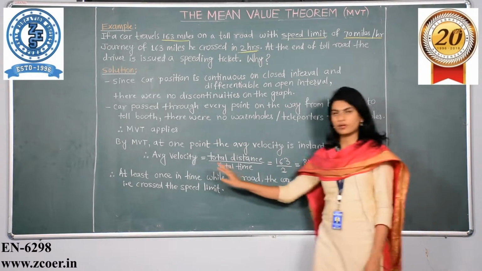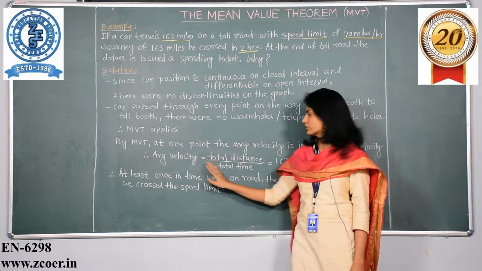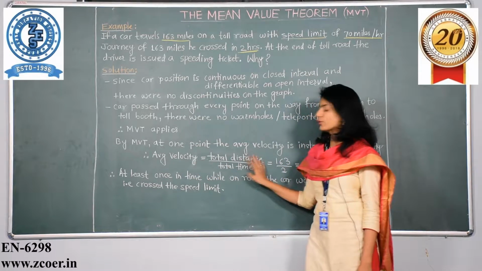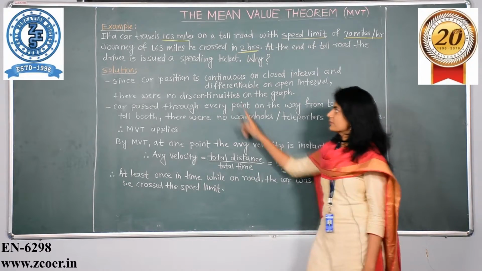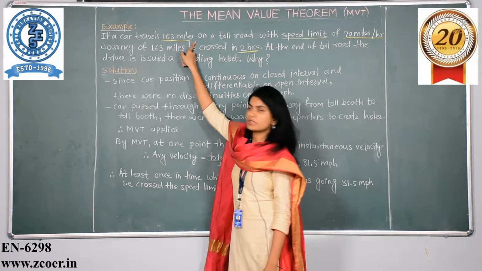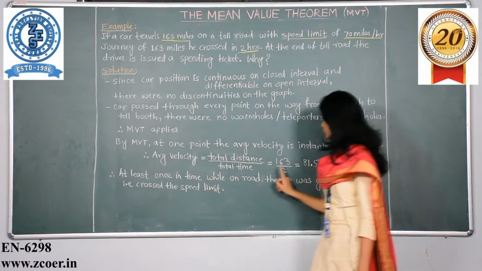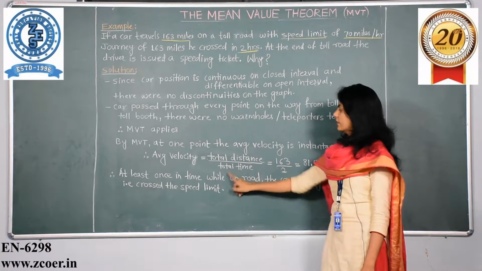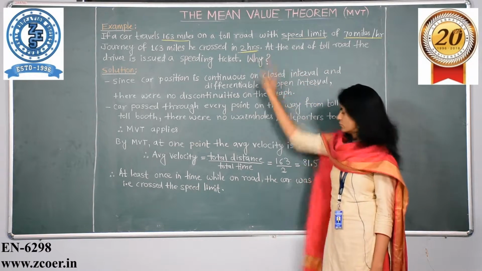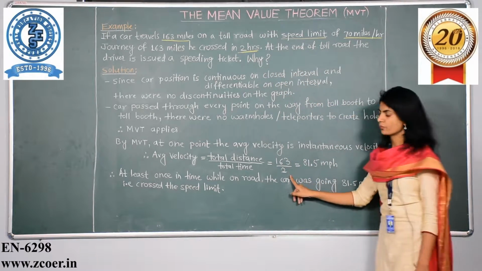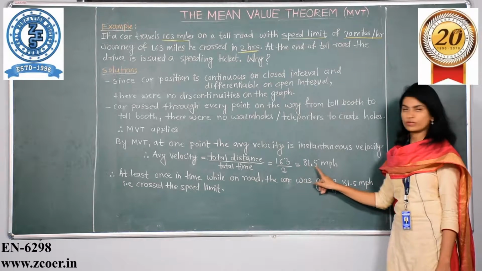Therefore, for the average velocity, the formula is total distance divided by total time, and the total distance, given in the problem statement, is 163 miles. So 163 divided by the total time, which the car driver has covered in 2 hours. So 163 divided by 2 is equal to 81.5.